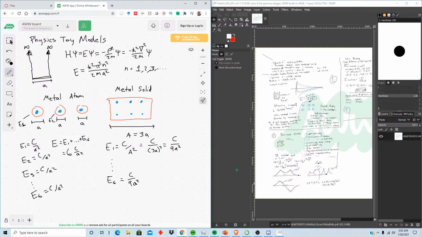And if we add them all up to here, assuming there's no interaction term, it's going to end up being 6C over 9a squared. And so you can see that this is 1/9 of that. And yes, we're not considering electron repulsion, but that would just add another little factor, which we could then approximate as well.